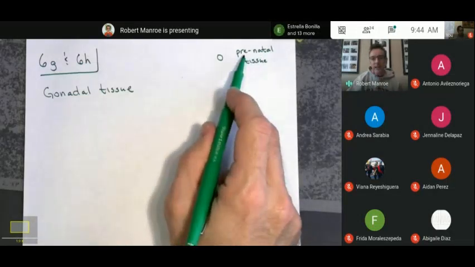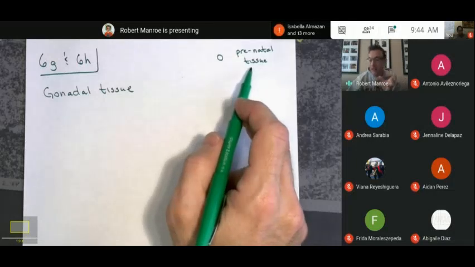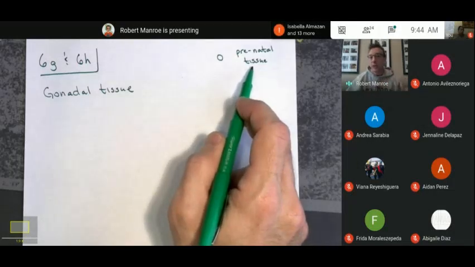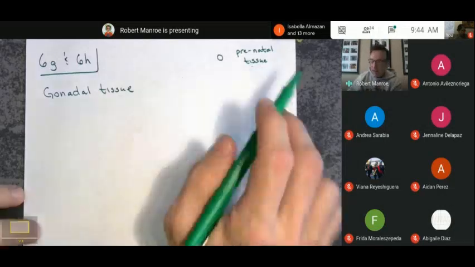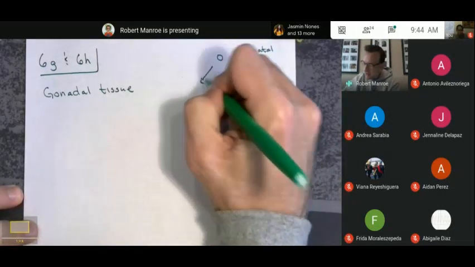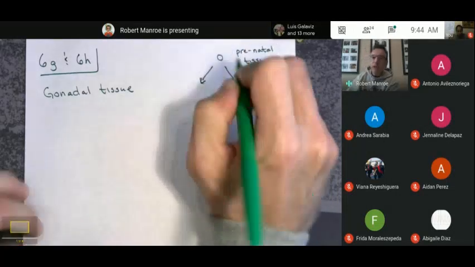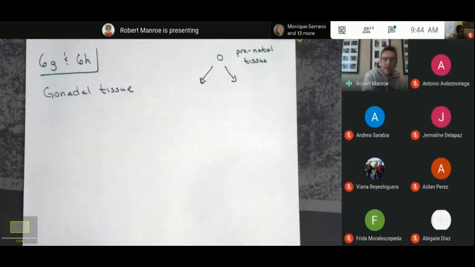So if you have prenatal tissue, this is tissue that is being formed and developing before the offspring is born, okay? It's very simple. You have this primary tissue, and when this primary tissue is exposed to hormones, this tissue differentiates into different types of glands, okay?